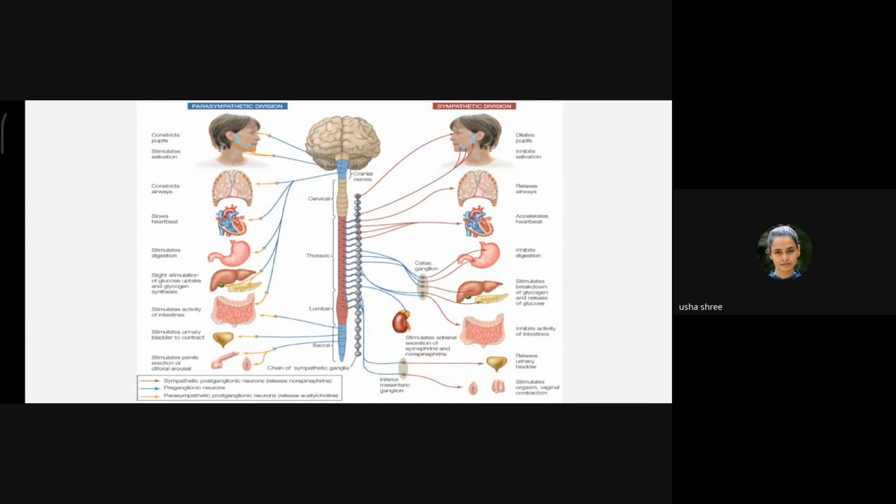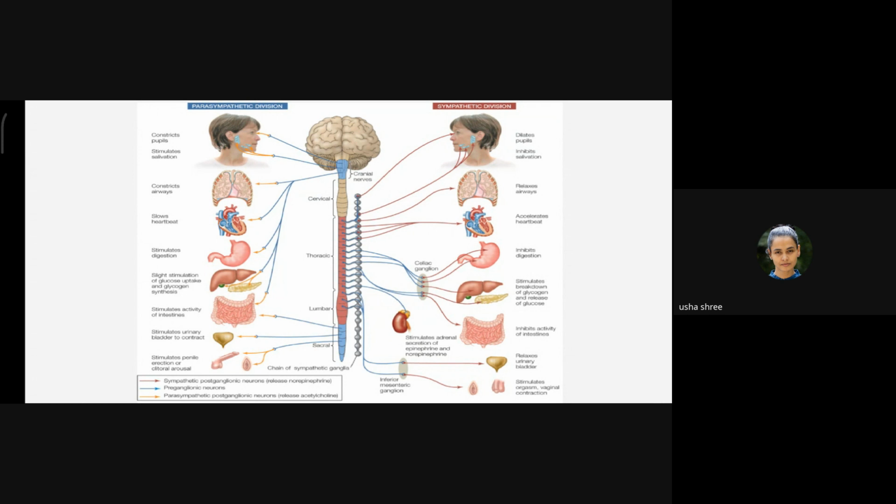So the intestines also inhibit their activity, and the urinary bladder relaxes. Okay, and it stimulates orgasm and vaginal contraction. It means the gonads are stimulated.